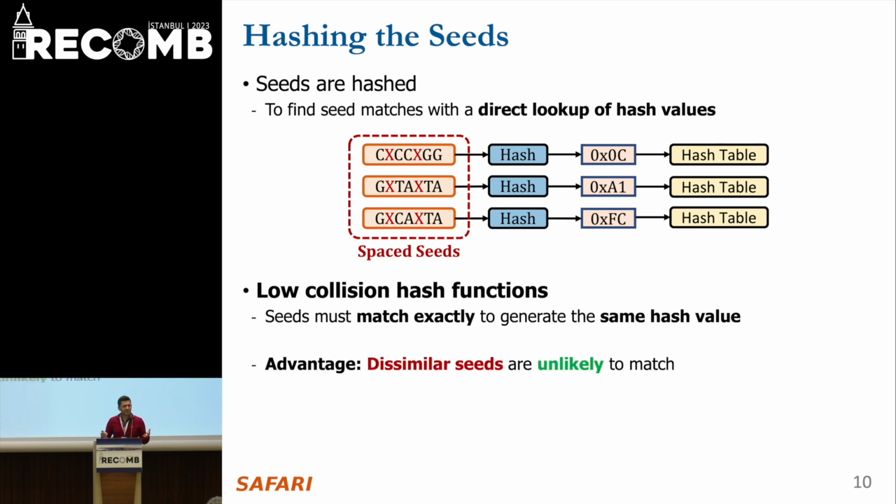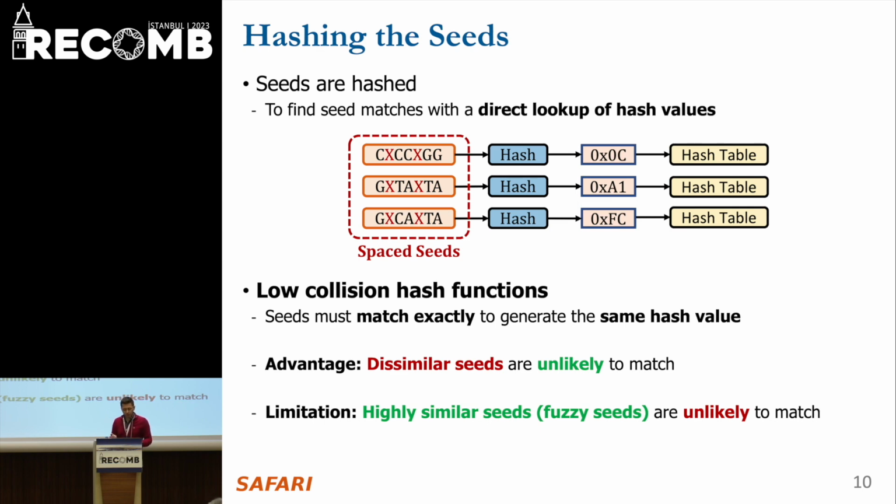And of course, this is very advantageous, right? Because then we're not assigning the same hash value to dissimilar seeds, so it becomes unlikely to find matches between dissimilar seeds. But there's also one particular limitation: we also cannot find highly similar seeds, which we call fuzzy seeds, using these low collision hash functions, because they are unlikely to match.